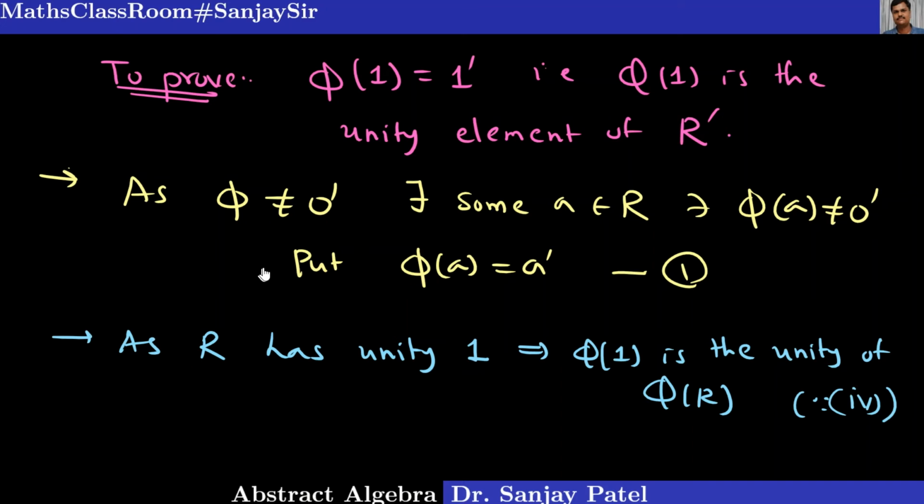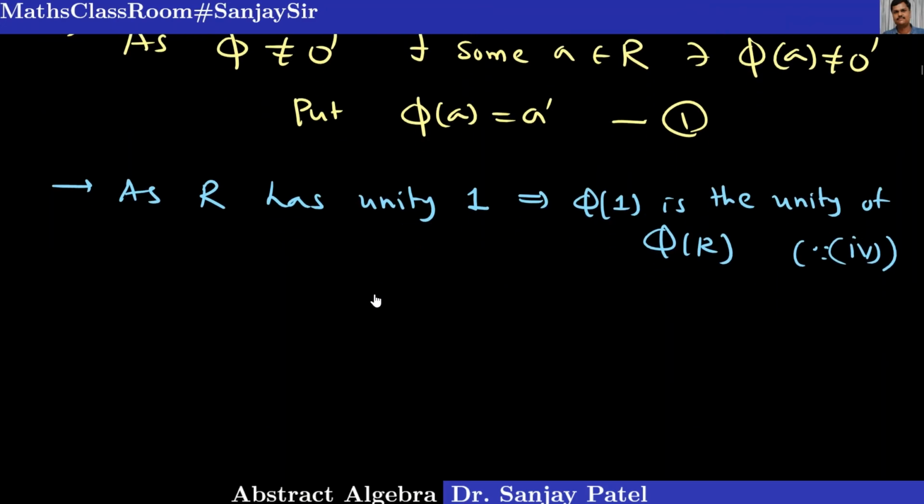And if phi of 1 is unity of phi of R, then as a dash also belongs to phi of R, because a dash is the value of the function phi at a, I can say that a dash into phi of 1 is equal to a dash is equal to phi of 1 into a dash, and this dot is actually dot circle.